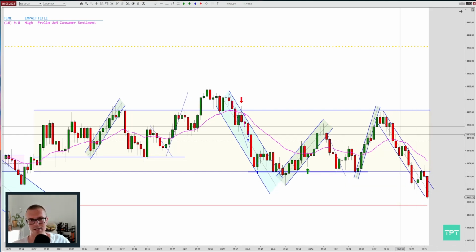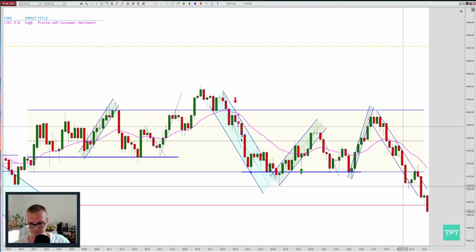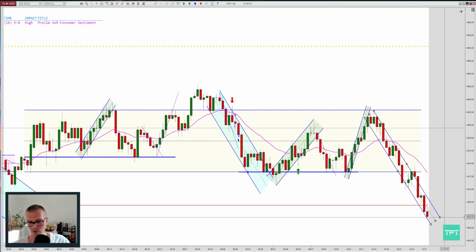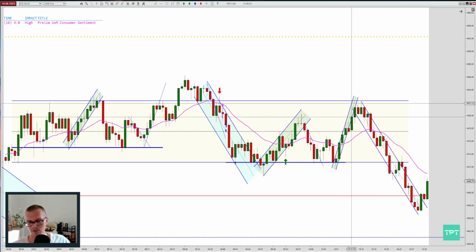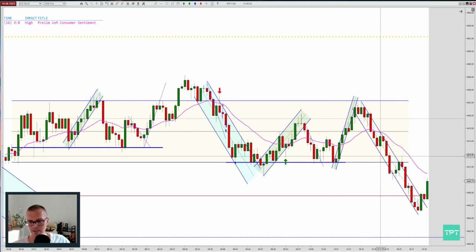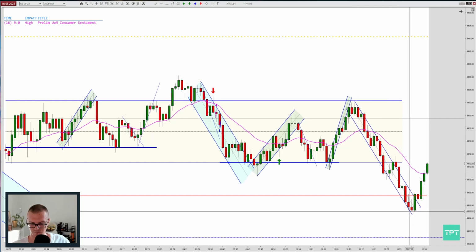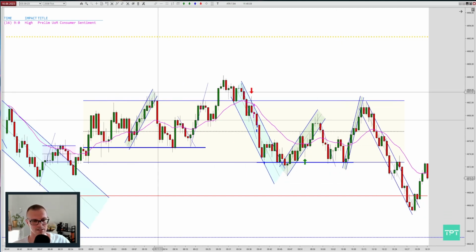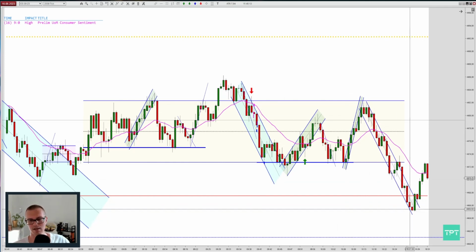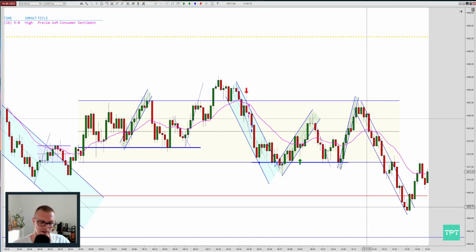So I'm not interested in taking a short here and going strongly lower. So let's see. This downtrend here seems to be in play, and if this bigger range is valid, then we have the first breakout to the low side, and most breakouts fail.